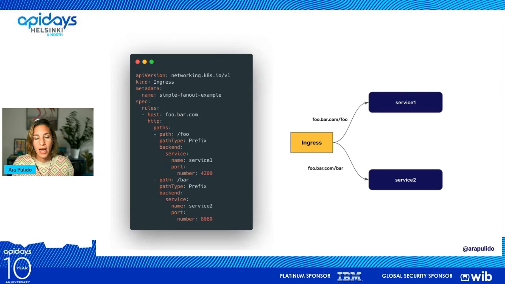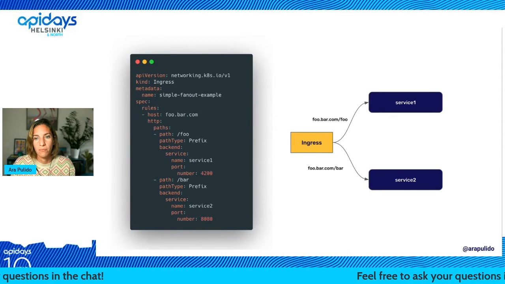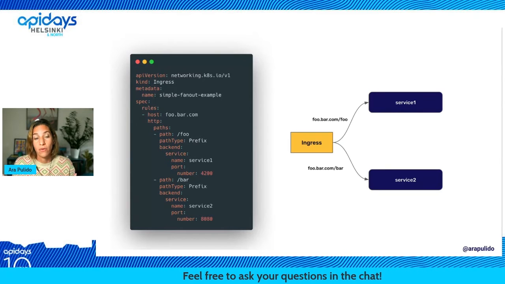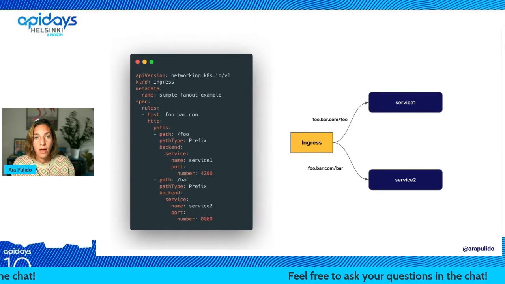One of the things that happens with the Ingress object is that the Kubernetes controller that is deployed on every Kubernetes cluster doesn't include an Ingress controller. It includes things like a replica set controller, deployment controller, but not an Ingress one. And why?